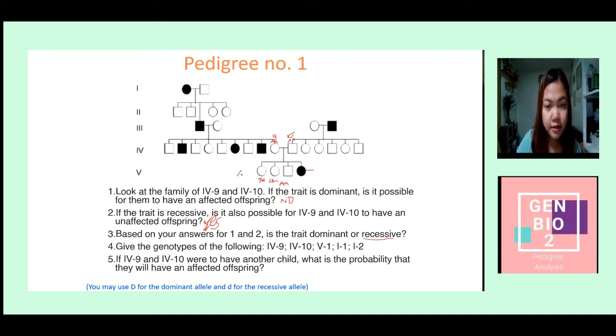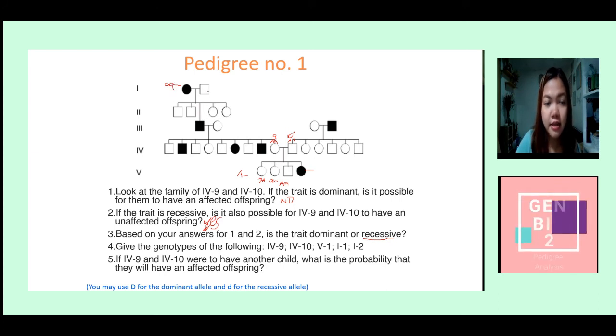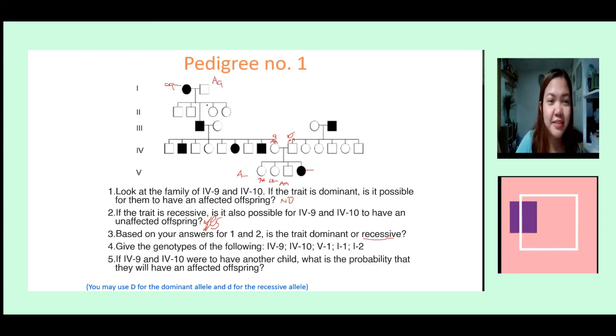Or you can just simply write it as unknown. For 1, 1, since this is a recessive trait, automatically that's homozygous recessive. And the genotype of this one is hetero. Why is it hetero? Kasi yung isang anak niya affected, so kailangan magkaroon. Okay.